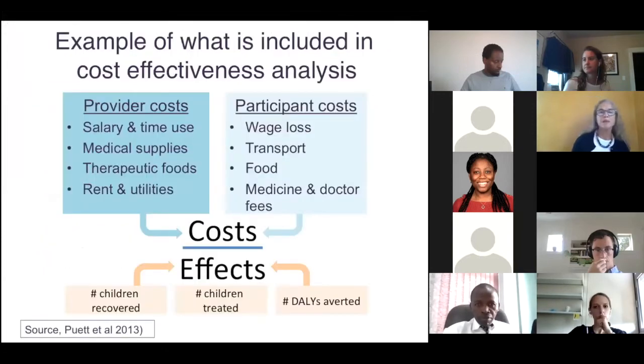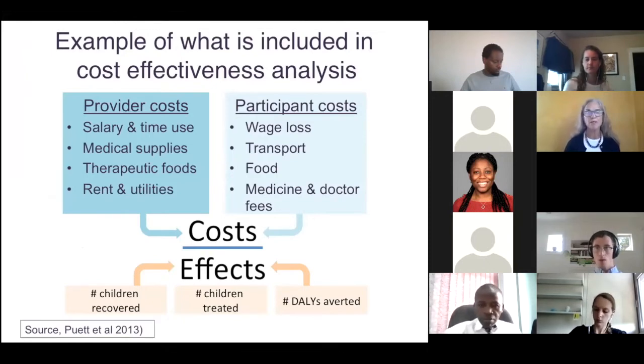So typically, here's an example of what's included in a cost-effectiveness analysis. Typically speaking, a cost-effectiveness analysis will include several different kinds of costs and outcome data, as I've been alluding to. For example, depending on the objective of the analysis, you're likely to include costs of the service provider, the NGO, or the government ministry.